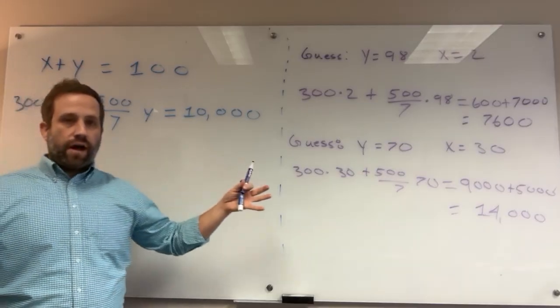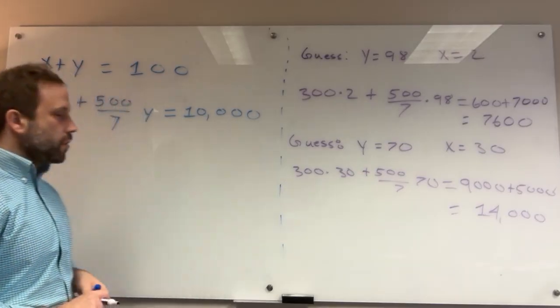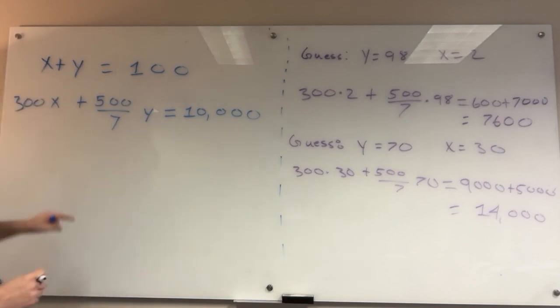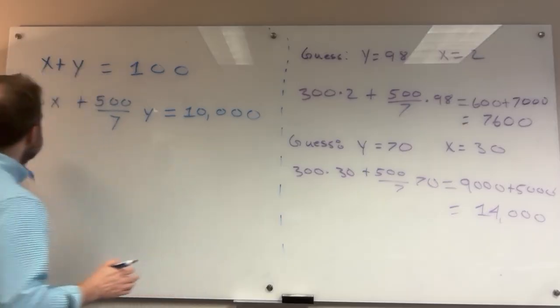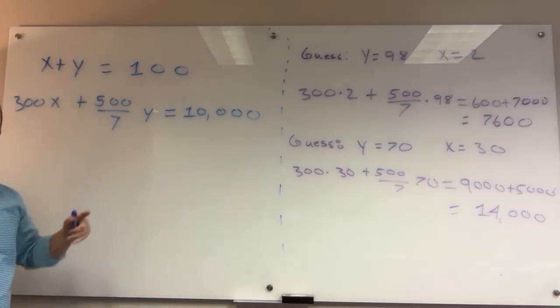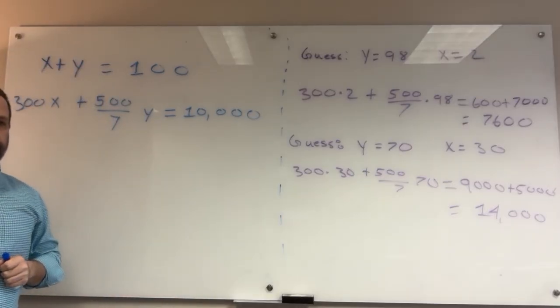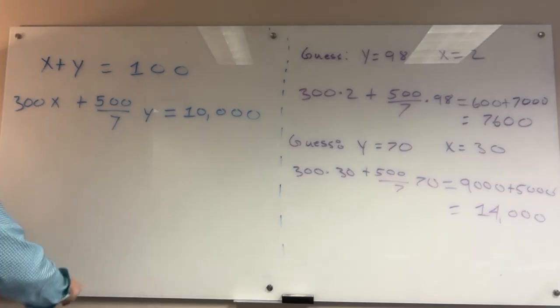We now need to modify our guess somehow. So here's what we're going to do. We're going to come over here. And one thing that I want to point out, because we have a linear relationship, notice what is true here.